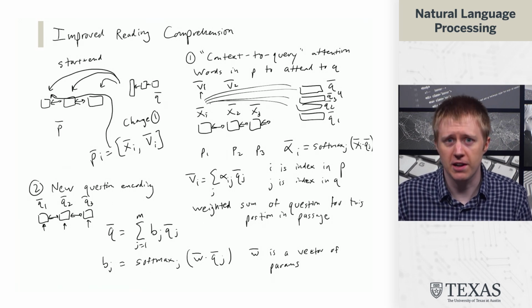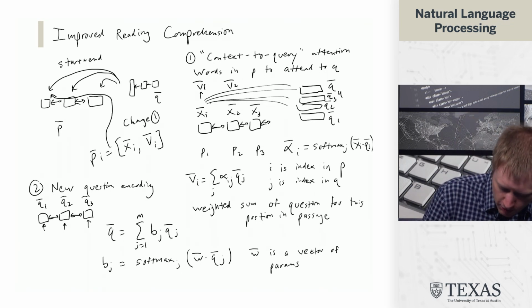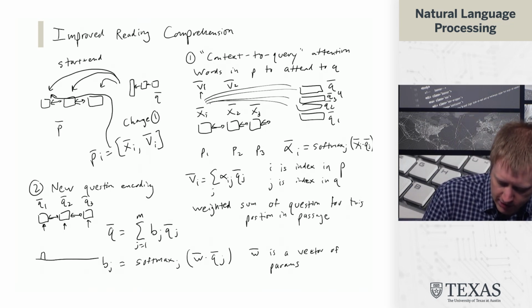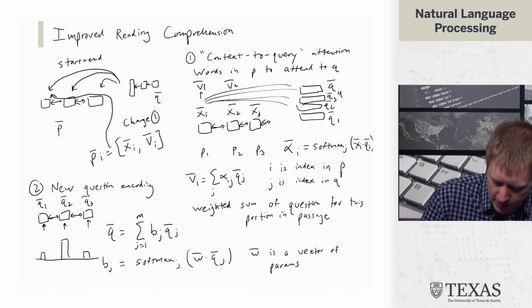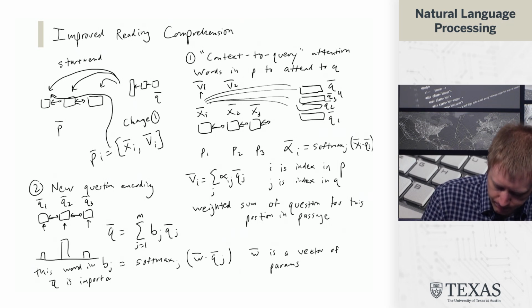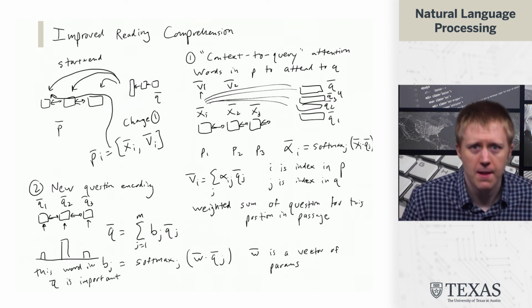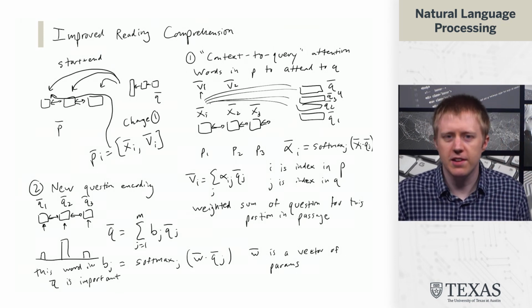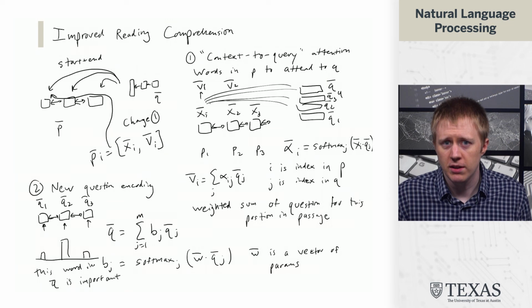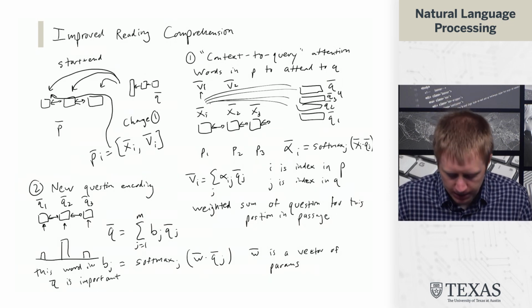And that softmax produces a distribution over the question. And so what this allows us to do is say, okay, this word in Q is important. And bi-LSTMs should be able to do this as well, but it turns out this works a bit better.